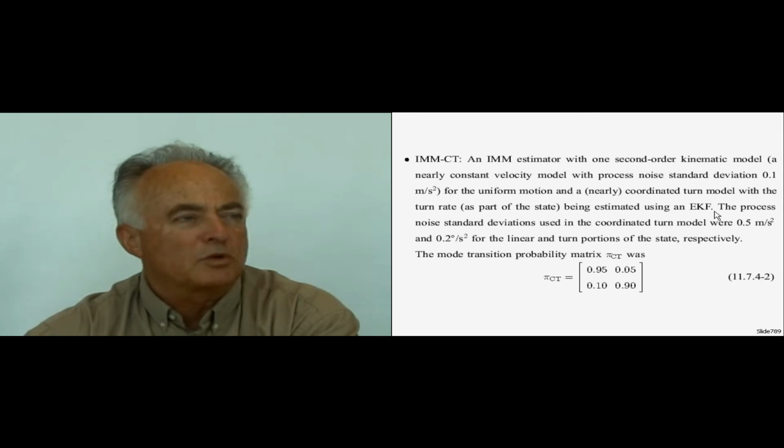Now the process noise standard deviations used in the coordinated turn model were 0.5 meter per second square, that's the linear additive noise into the psi and eta coordinates, and 0.2 degree per second square for the turn rate. This is for the turn portions. So 0.5 meter per second square and 0.2 degree per second square was for the turn portions.